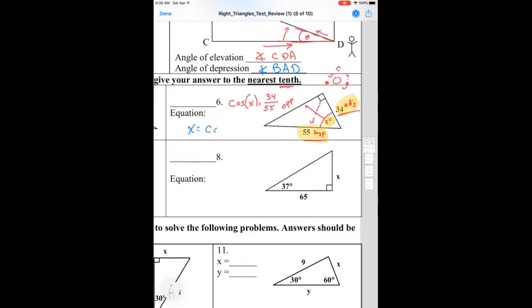So x is going to equal cosine inverse of 34 over 55. That's what I'm going to put in the calculator, and I get an answer of 51.8. And so here, x, or my angle measurement, would be 51.8 degrees.